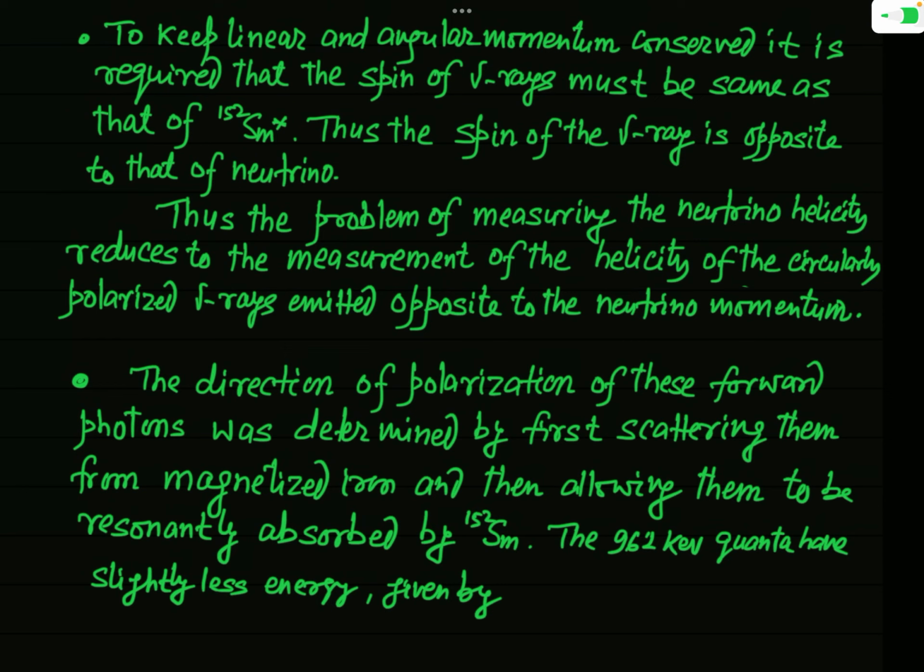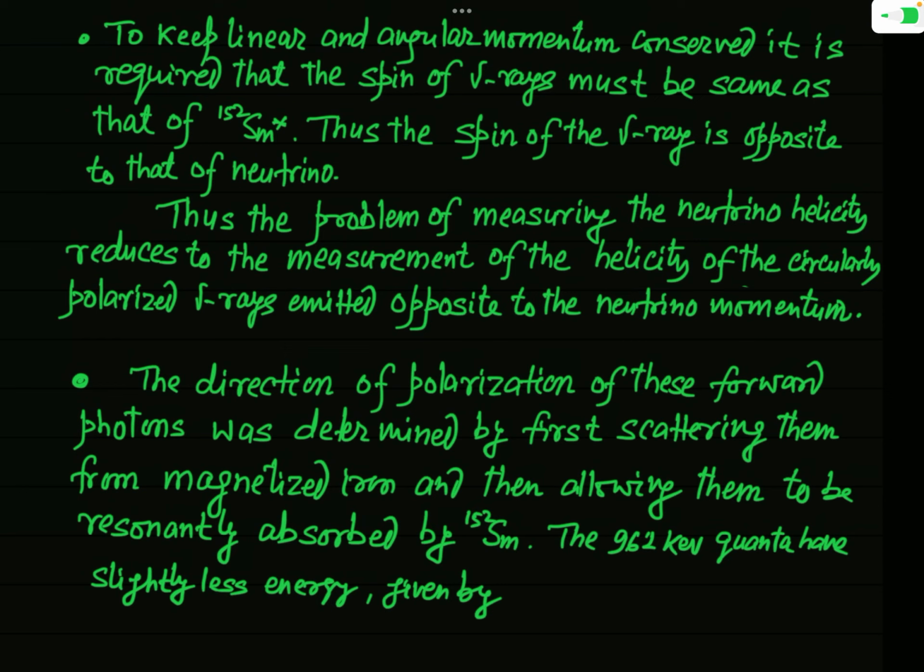It is rather simple to show, by applying the laws of conservation of linear momentum and angular momentum, that the spin of the gamma ray must be the same as that of the excited Sm nucleus, and hence the spin of the gamma ray is opposite to that of the neutrino. So the problem of measuring the neutrino helicity reduces to the measurement of the helicity of the circularly polarized gamma rays emitted opposite to the neutrino momentum.